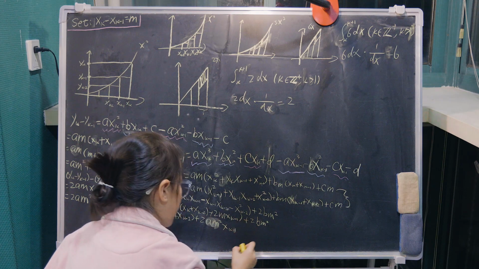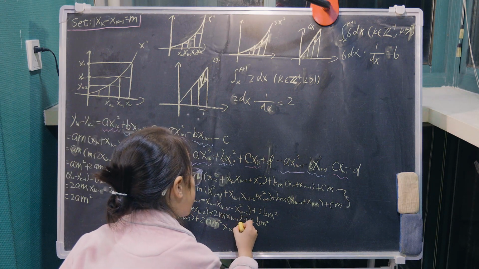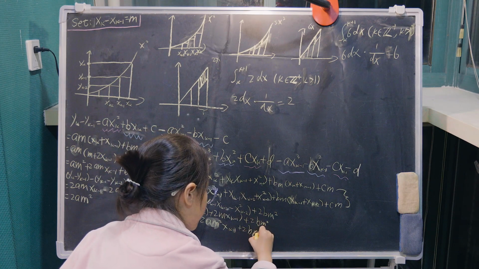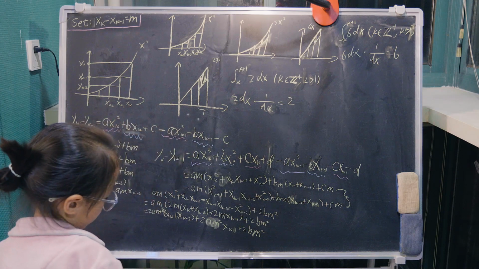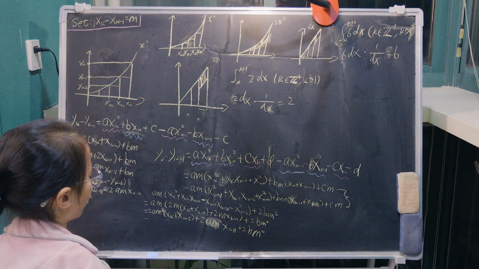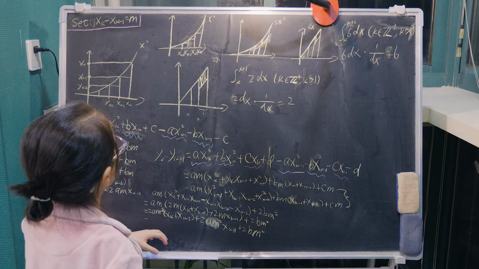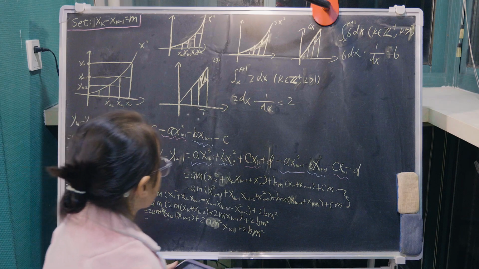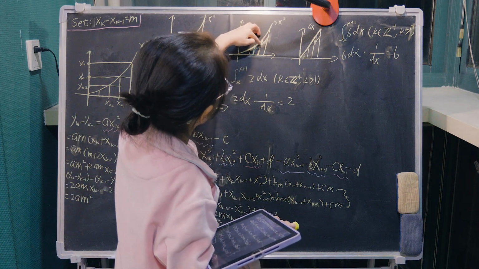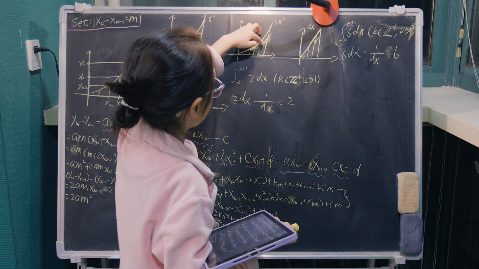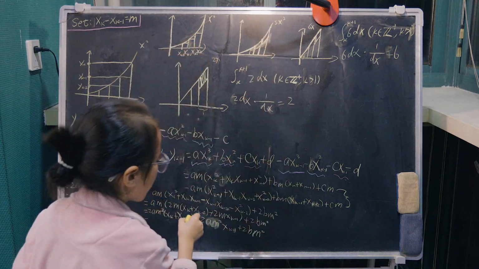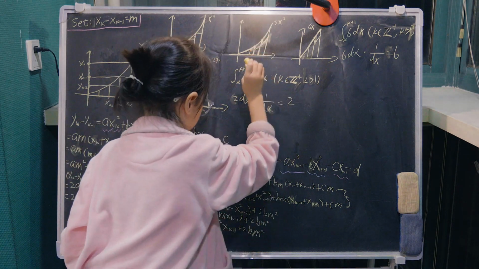Then times xk minus 1, and then plus 2bm squared. And the same for the other part, right? Because what are we calculating right here? Now we are just using the same function to plug in, and then we find the area of this part. First we find the area of this part, now we plug in this function.